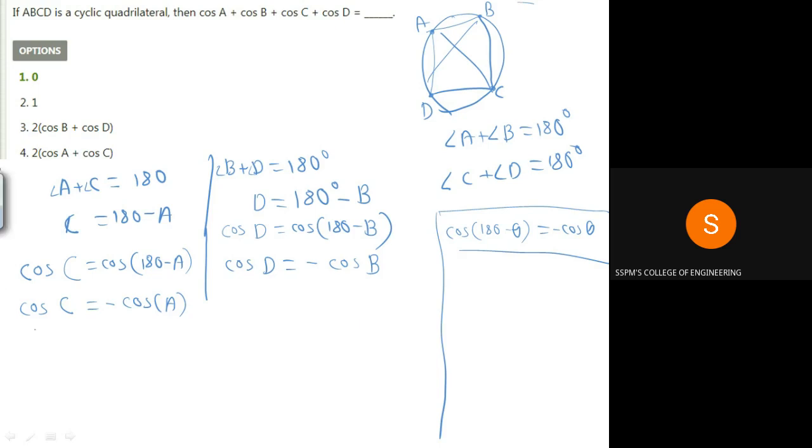Now what we have to find? Now we will find this term. What is it? Cos of A plus cos of B plus cos of C plus cos of D. So in place of cos of A, we will write cos of A again. You don't have to replace it.